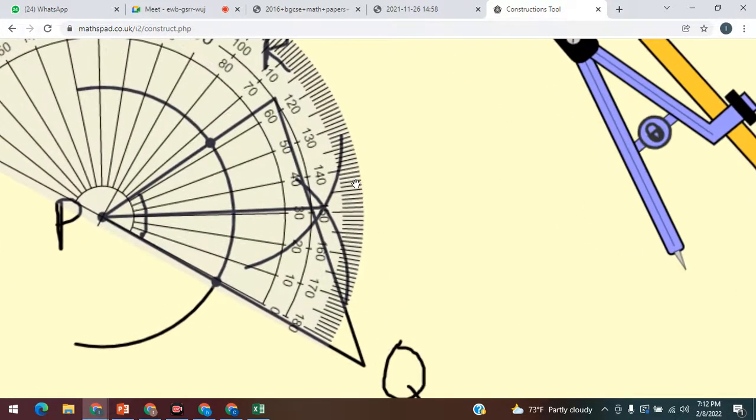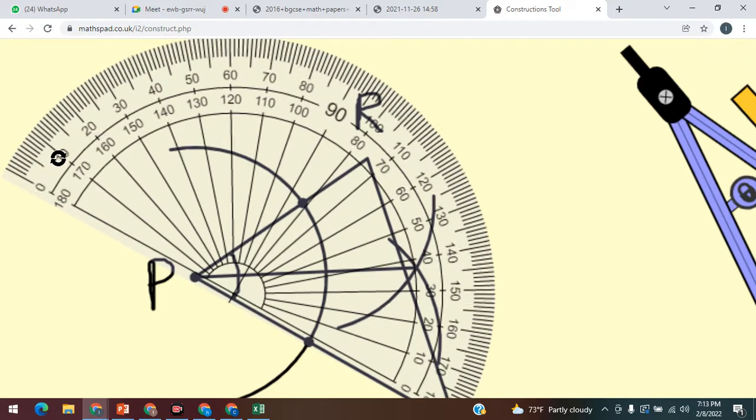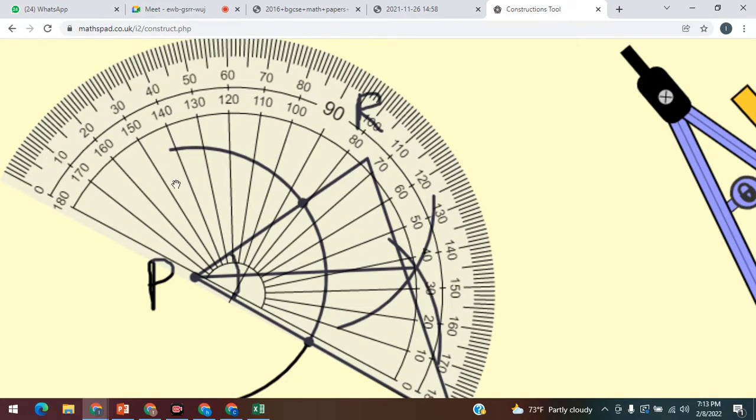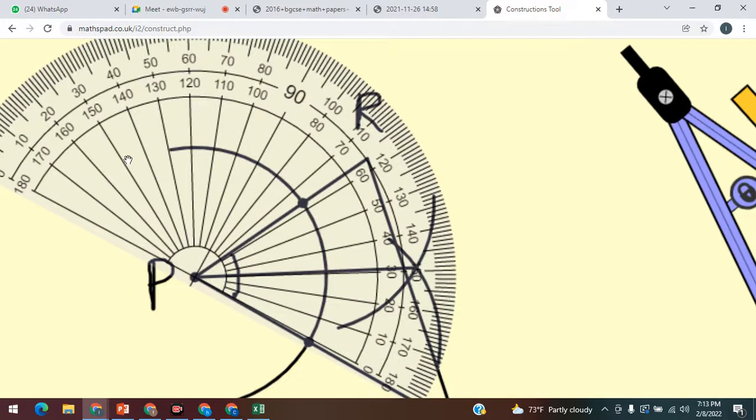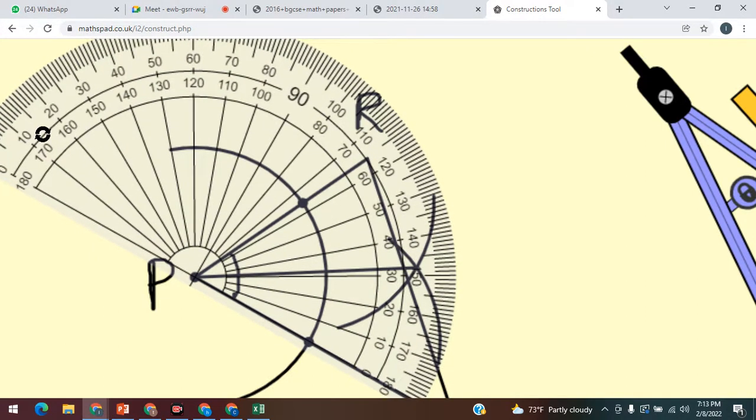What's the measure of this angle? Someone with good eyes. We start at 0. Okay, let me fix the protractor a bit. I don't think my protractor is in the center. Okay, we're good now. So yeah, it's pretty good.